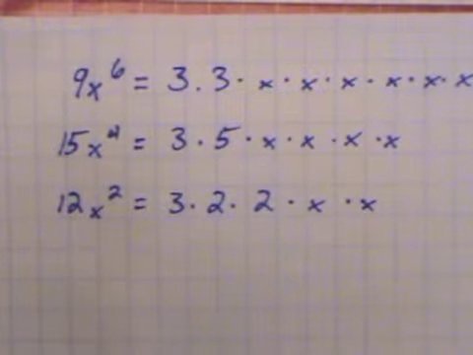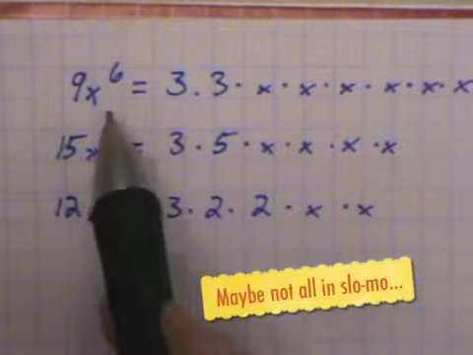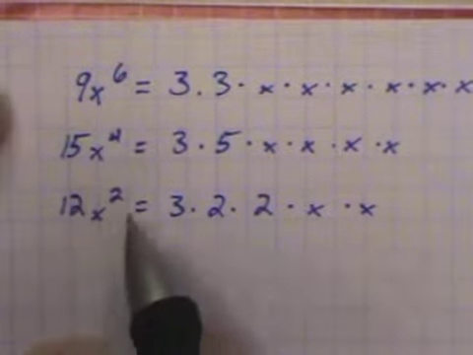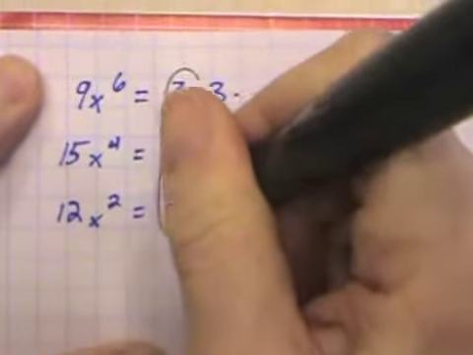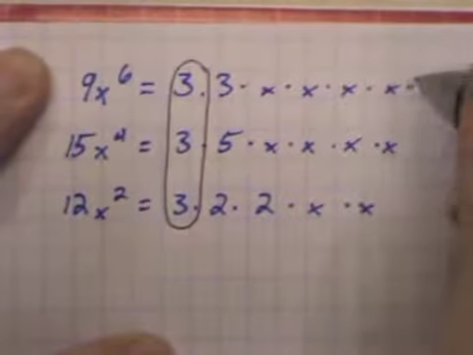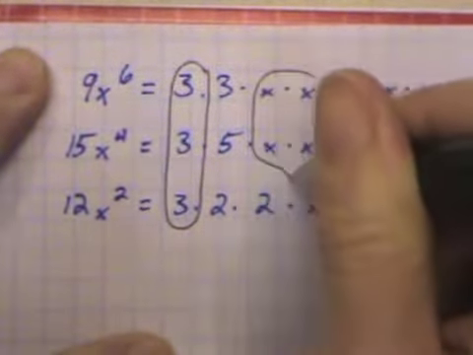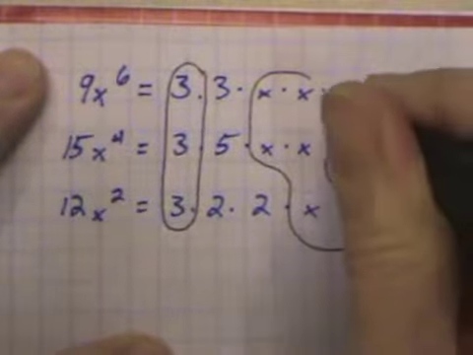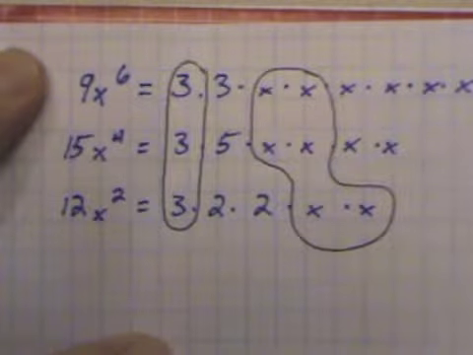Okay, here are the 3 terms that we were working with in this last problem. And we figured out that the greatest common factor is 3x squared. So that means we have used already all these factors that I just circled.